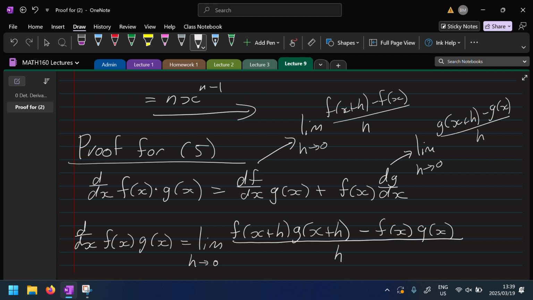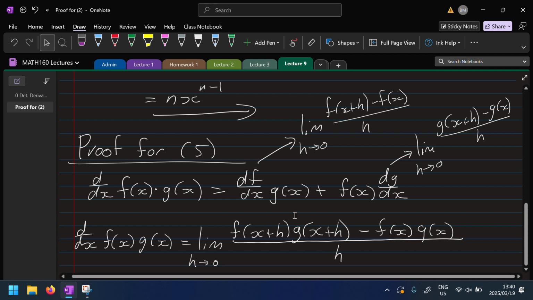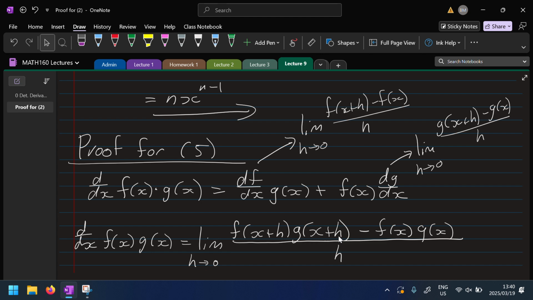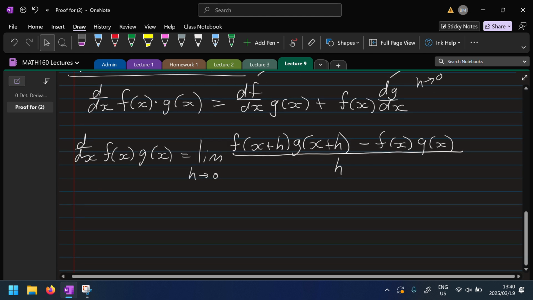We want the first limit, top right there, being multiplied by g, and we want the second limit multiplied by f. Currently, we don't have that. So what is missing from what we have here to end up with those 2 limits at the top? There's something missing. So we're going to add that.